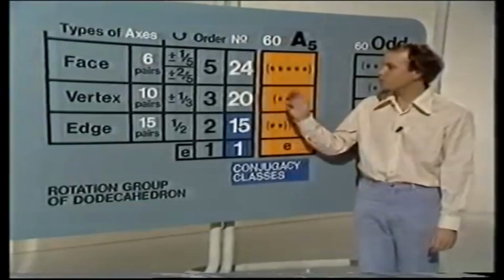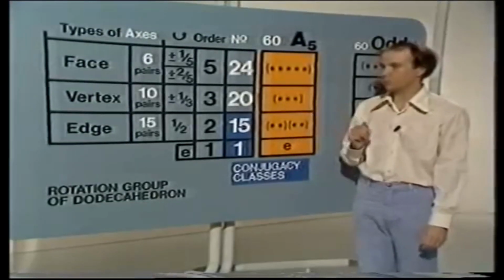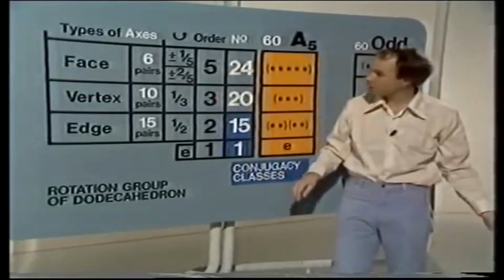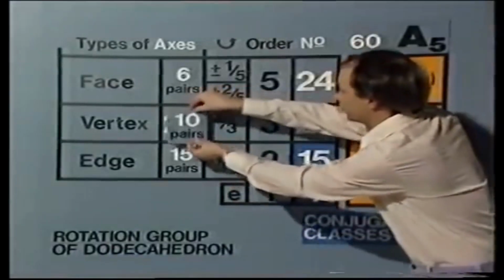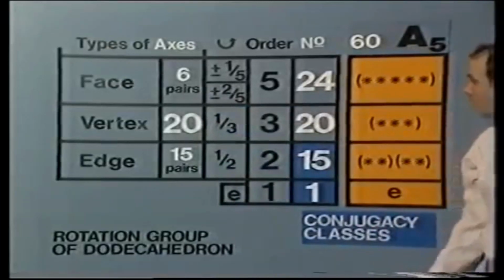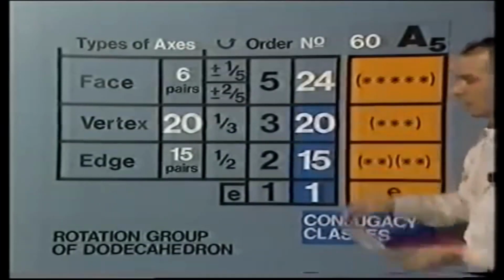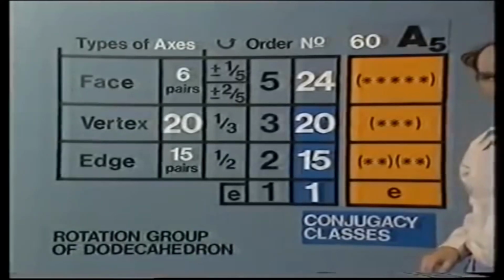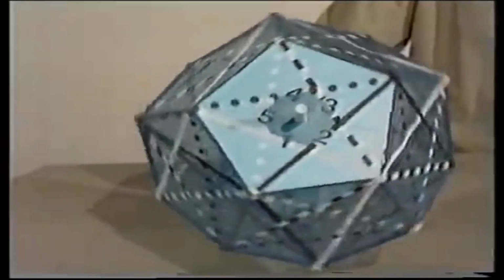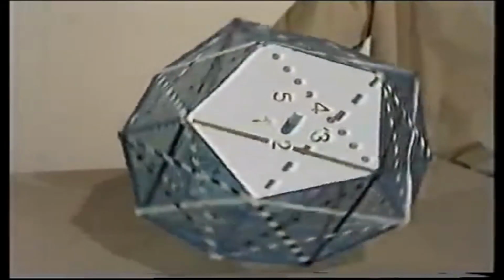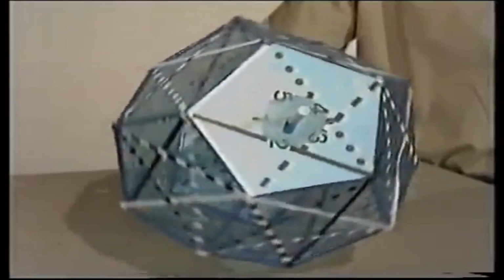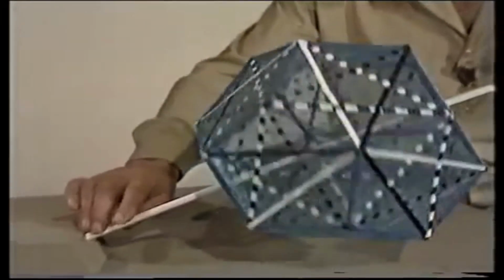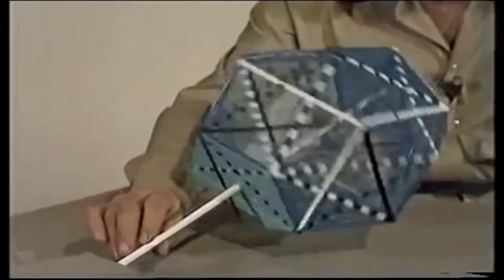So, the 20 vertex axis rotations can each be thought of as the same operation, rotation through plus 1/3 of a turn, about axes in 20 different places, 20 different vertices. So they're all conjugate to one another because we can get from any vertex to any of the other 19 using a direct symmetry. Now, what about face axis rotations? Well, clockwise rotation about one face is the same as anti-clockwise rotation about the opposite face.